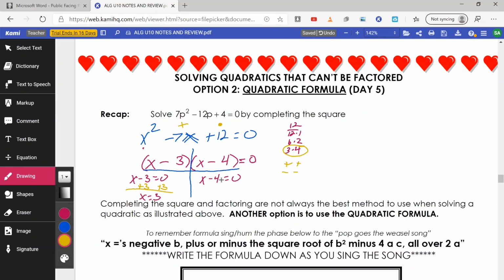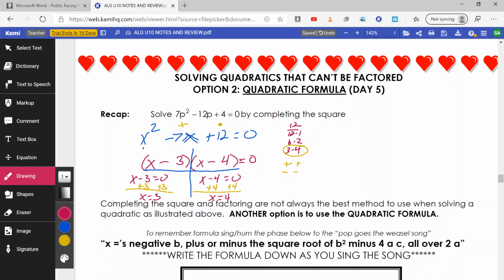We do the same thing over here: to solve for x, we add 4 to both sides, and we end up with x equals 4. So we have two values of x that make my equation equal to 0. If I took 3 and plugged it into my equation up here, my answer would be 0. If I take 4 and plug it in, I get 0 as well. So x equals 3 and x equals 4 are my two answers.